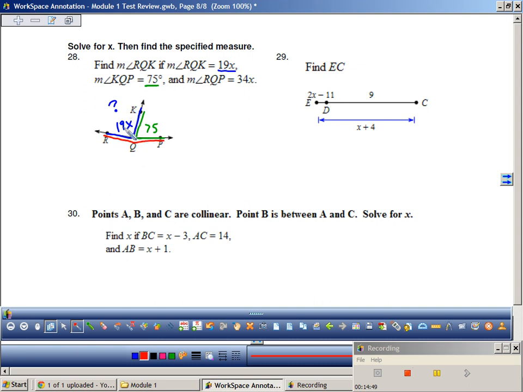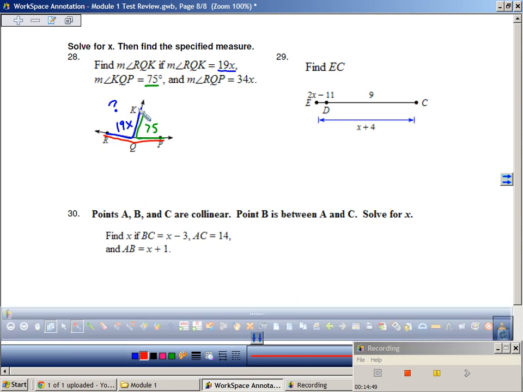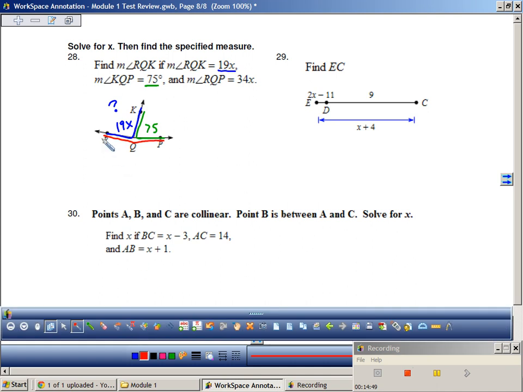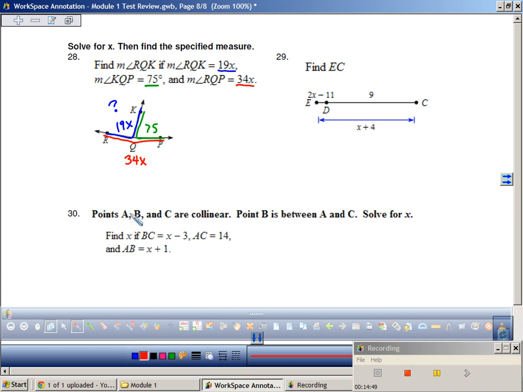So, I'm trying to find 19x. I'm trying to find RQK. I've got this angle, and they told me that the really big angle is 34x. What postulate could I use to solve? Are we talking segments?